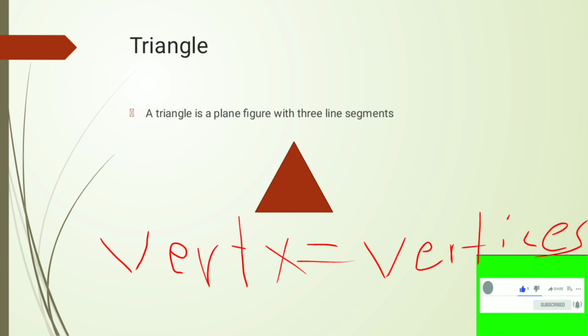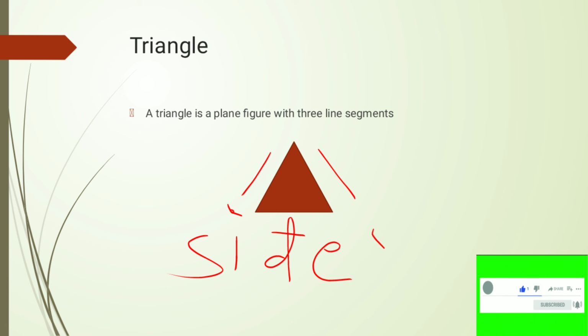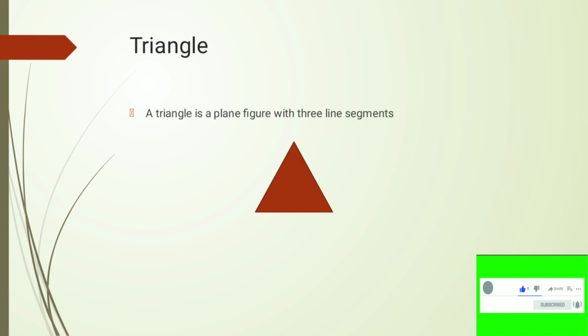Now these line segments are called sides. Okay, these line segments are called the sides.